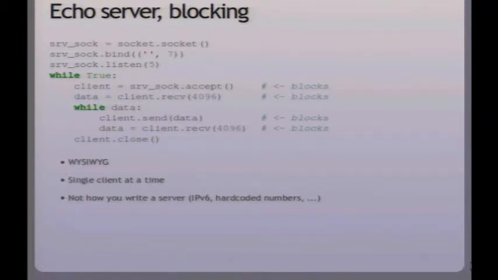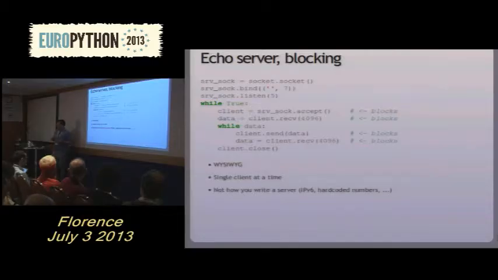Then the server can start listening for data, receives a bunch of data, sends it back, and reads the next bit of data. Once the client has disconnected, the receive will return an empty string, and you go out of the while loop, close the socket, and go back to accepting the next client.